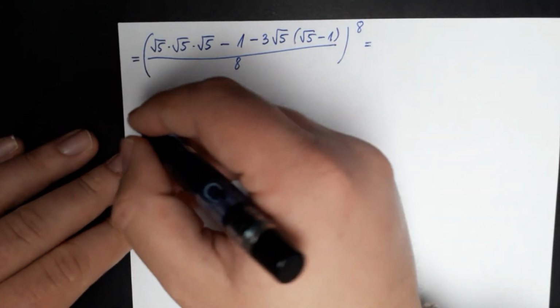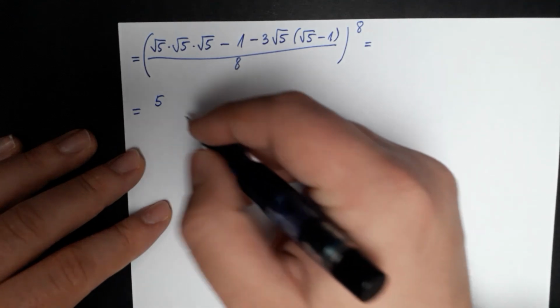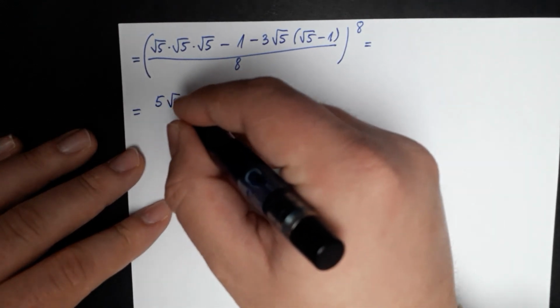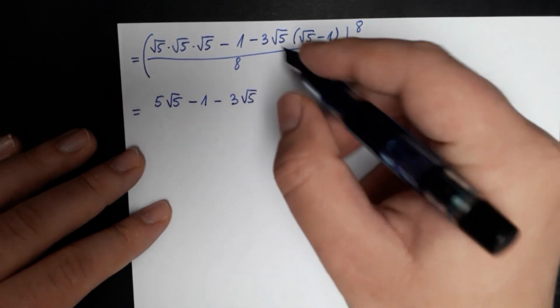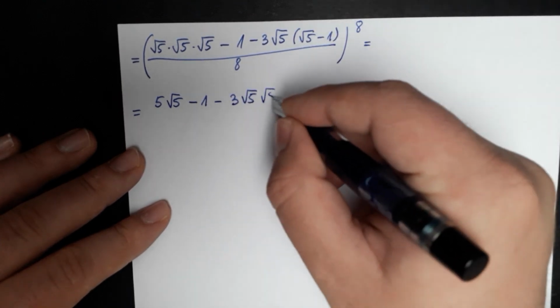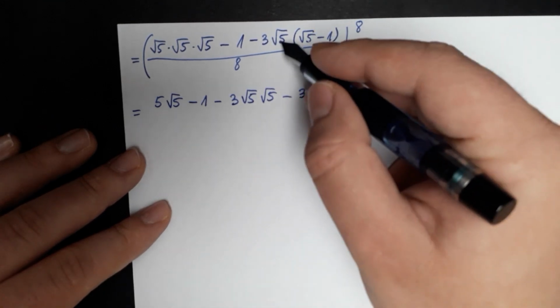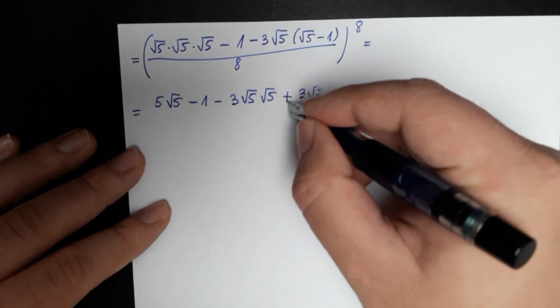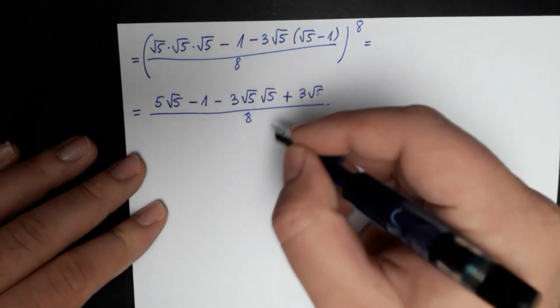So this is equal to square root of 5 multiplied by the square root of 5 is 5 square roots of 5 minus 1 minus 3 square root of 5 multiplied by the square root of 5 minus 3 square root of 5 multiplied by negative 1, so I get a plus sign here, and over 8.